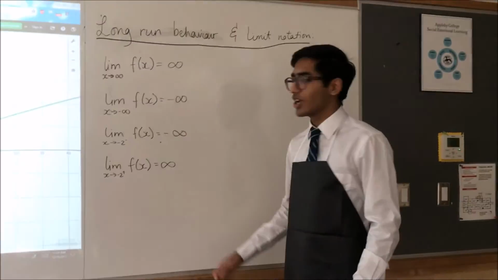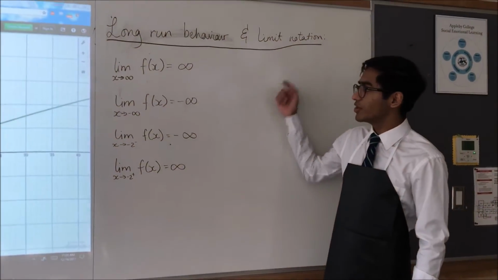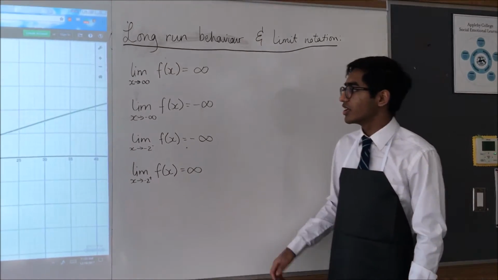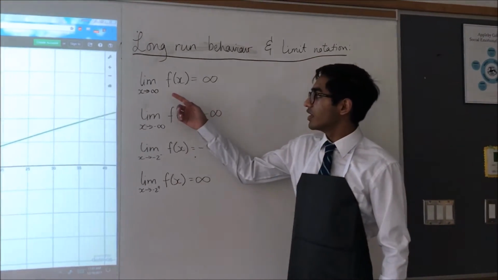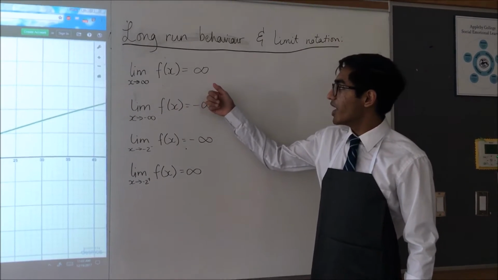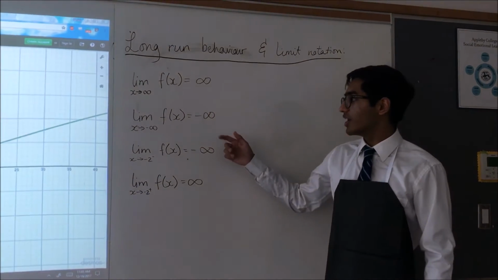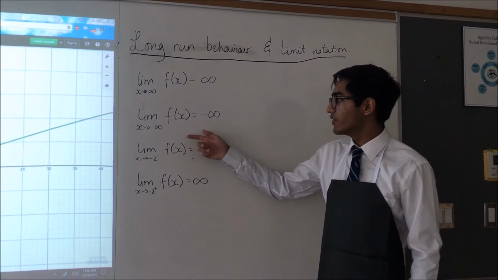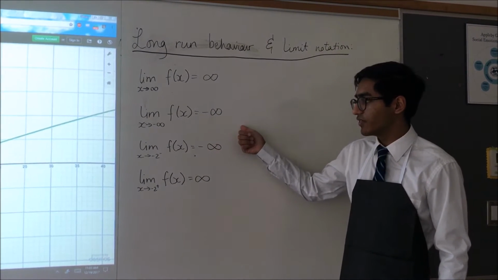Hi again. So now we're going to talk about the long-run behavior and the limit notation of the element. So as we can see, as x approaches infinity, f of x equals infinity, and as x approaches negative infinity, f of x is negative infinity.